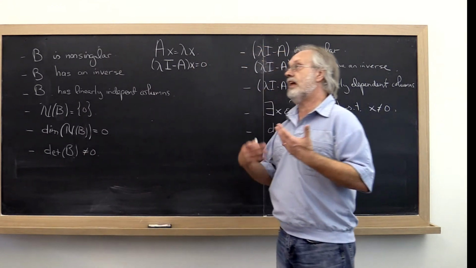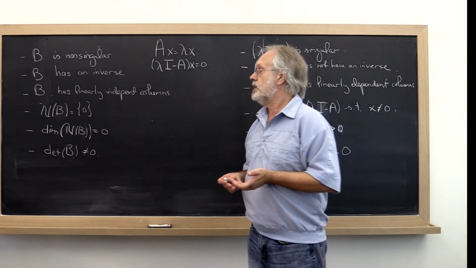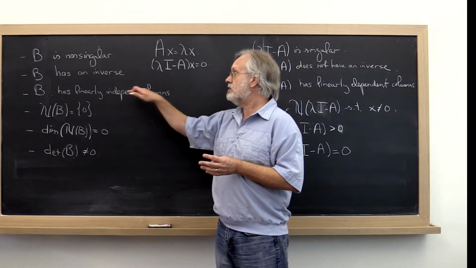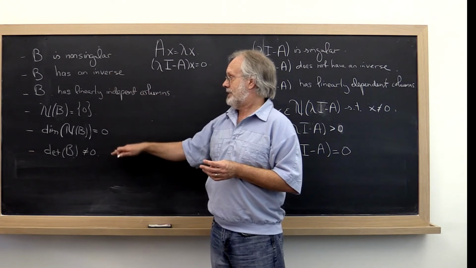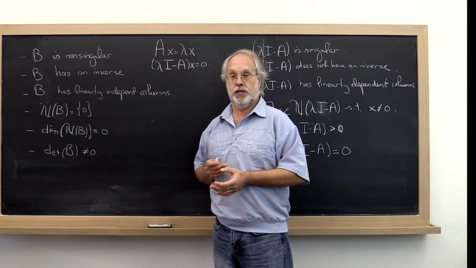And it turns out that as we talk about eigenvalue problems, eigenvalues and eigenvectors, what we'll do is we'll strategically pick the equivalent statement that is most appropriate for the situation.